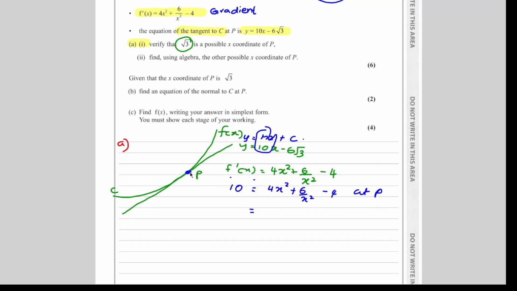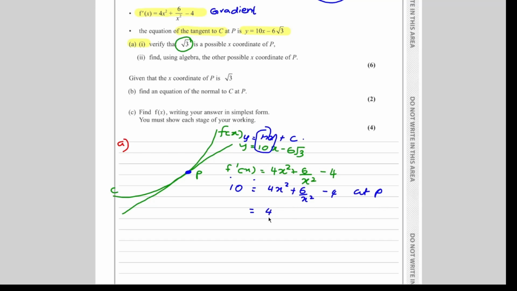Then at this point, the gradient of the curve is 10. Then we can equate 10 equals this one. So by just substituting that root 3 into this position, if you are getting 10, then you are done. Let's substitute root 3 into this one and check whether we are getting 10 for this side.